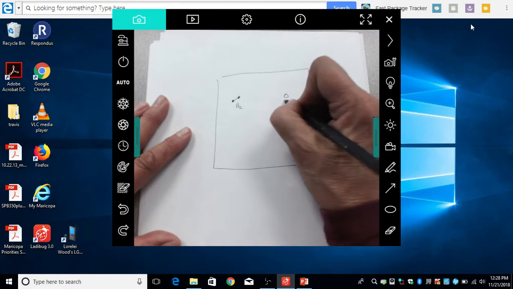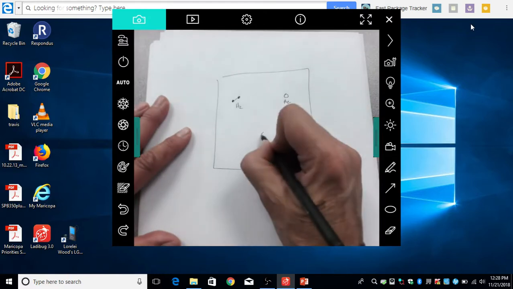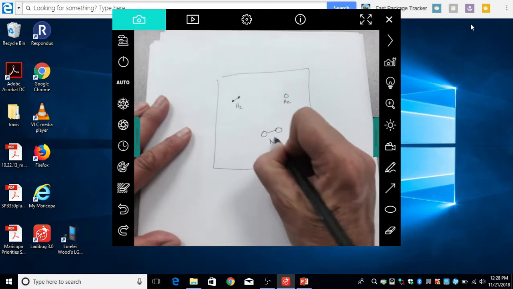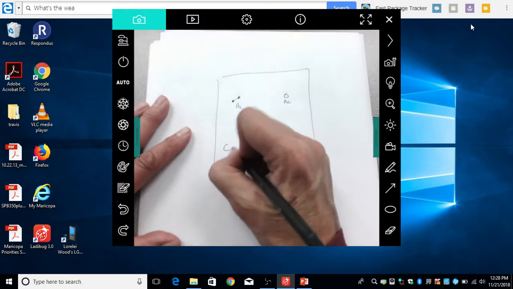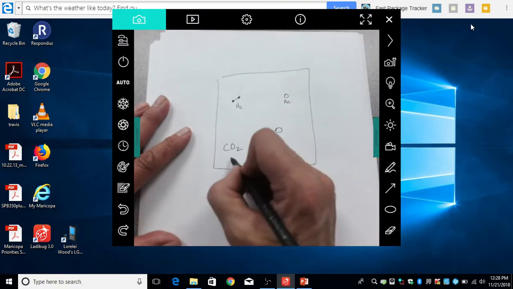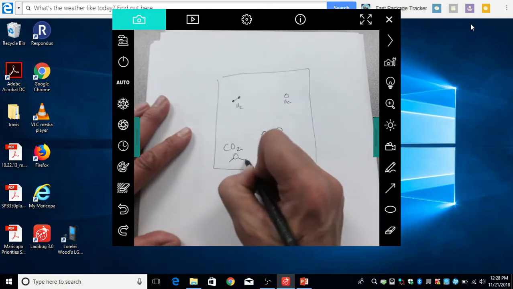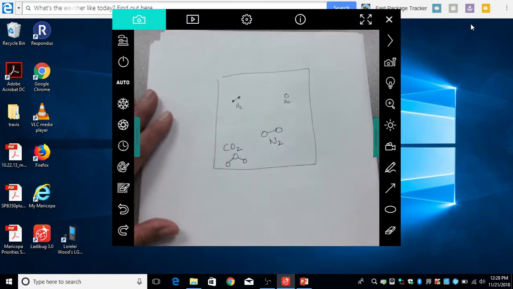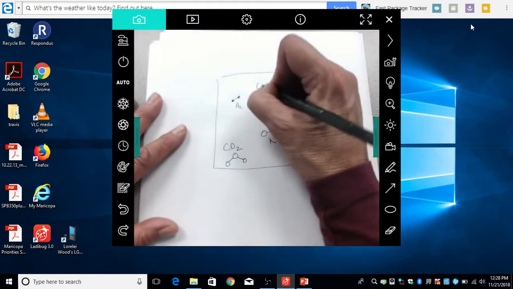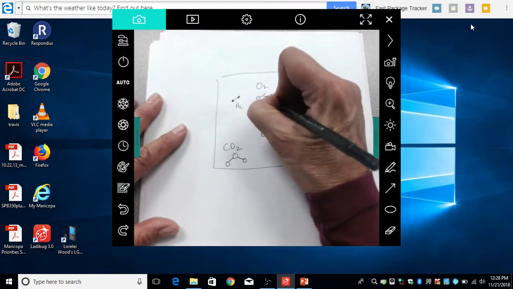We might have an He molecule. We might have an N2, which is going to be significantly larger. We might have a CO2, carbon dioxide, which would be really a lot bigger, right? We might have, what other kind of gases could we have? We might have some oxygen, right? So those would be a little bit larger.